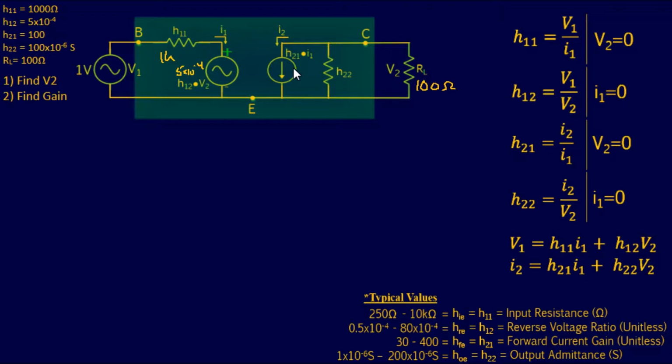I have our beta, which is 100. Just for the record, in case you didn't know, that's beta. I have our output impedance right there, which actually comes out to our output resistance of 10K. So just as a little healthy reminder, that's how I came up with 10K.